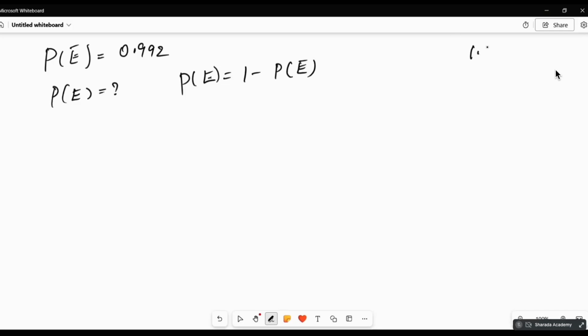So 1 minus... you repeat, what is your answer? 0.008, no? 992, no? 8 here. 0.008. Okay. So P of E is equal to 0.008.